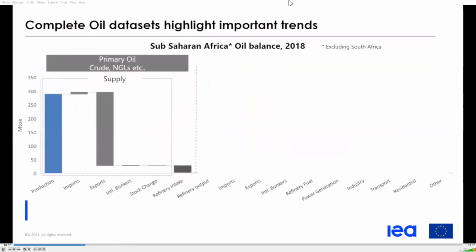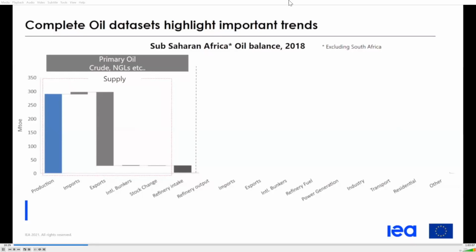Now, let's have a look at a complete oil data set to highlight some important trends for Sub-Saharan Africa. So, in Sub-Saharan Africa, in general, we can find countries that produce a lot of primary oil products, so crude oil, NGL, etc. So, the production is there.